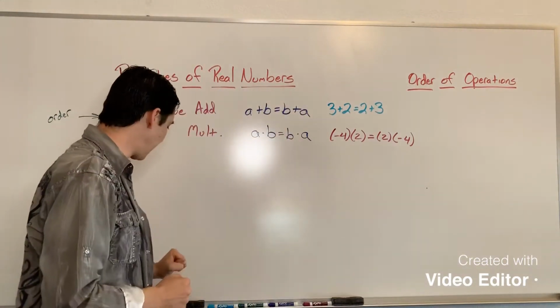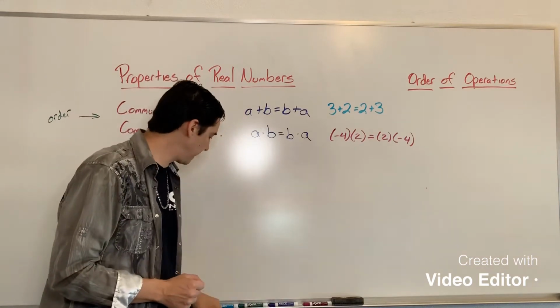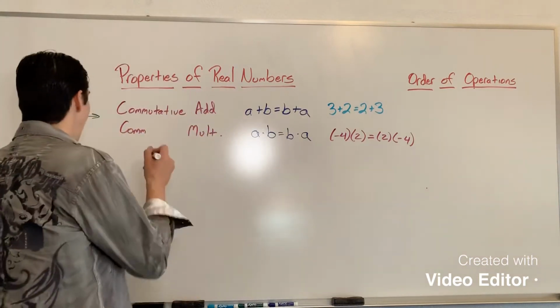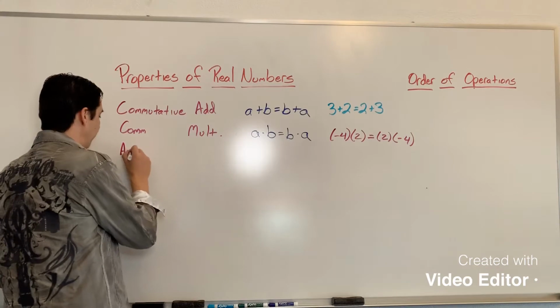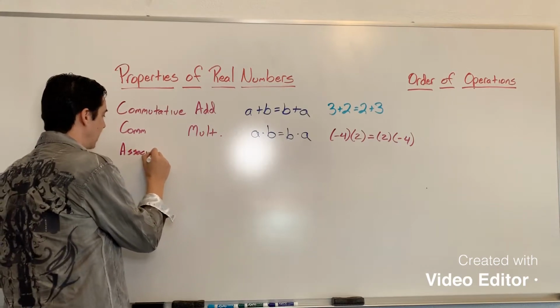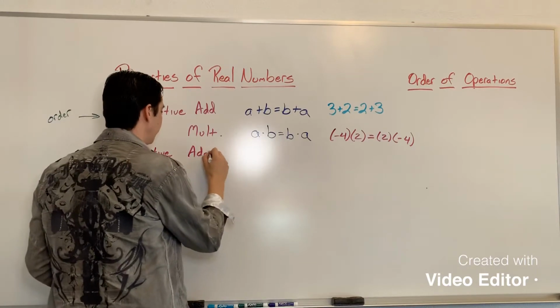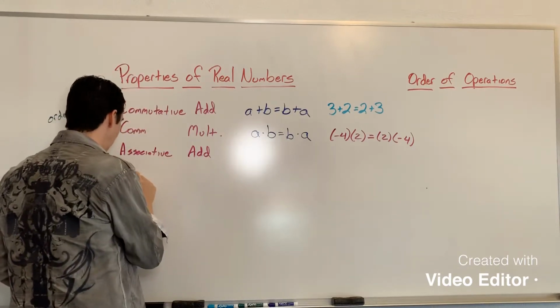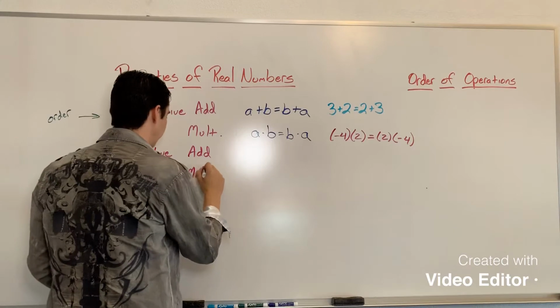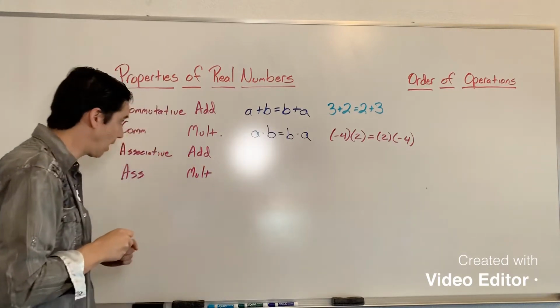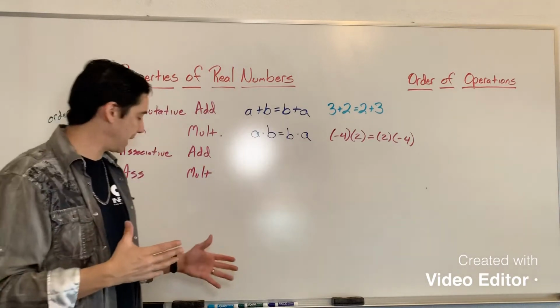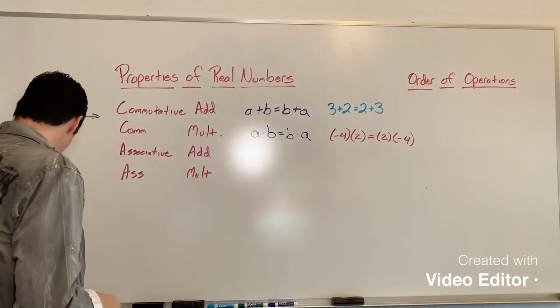All right, that's order. Next would be grouping, and we call that the associative property. Again, we have it for addition, and we have it for multiplication. And that's the same, grouping doesn't matter.